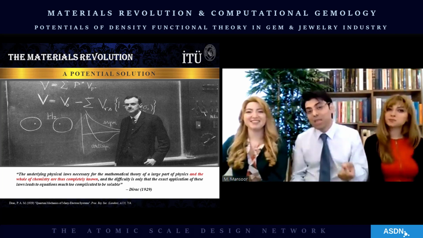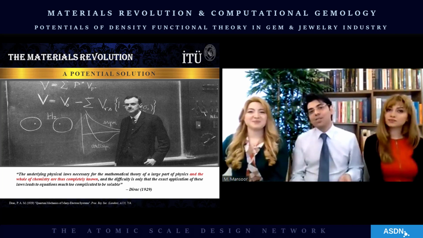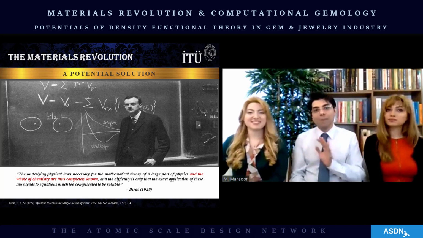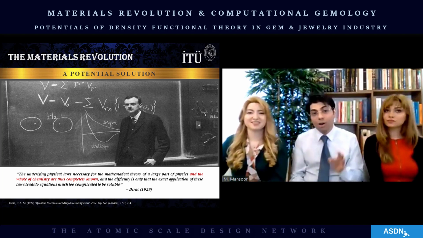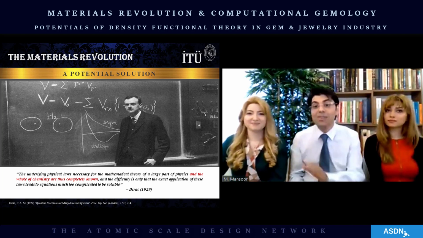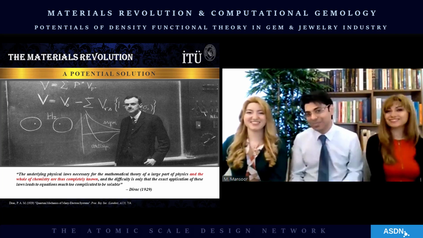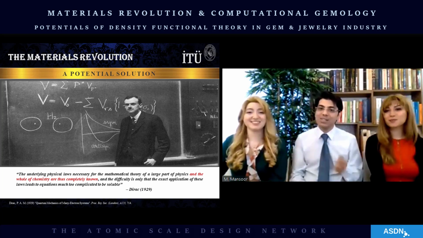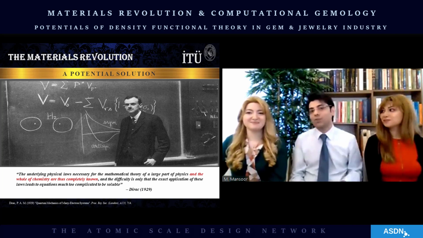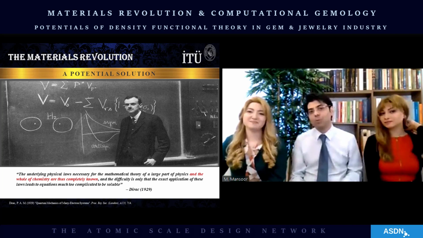He says, the underlying physical laws necessary for the mathematical theory of a large part of physics and the whole of chemistry are thus completely known. And the difficulty is only that the exact application of these laws leads to equations much too complicated to be soluble.